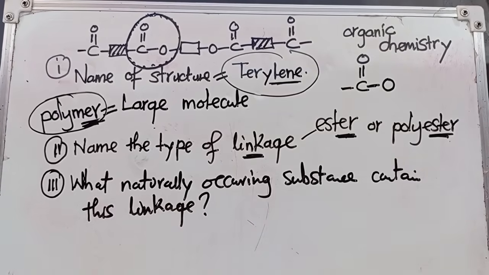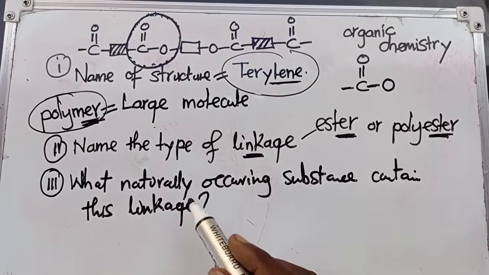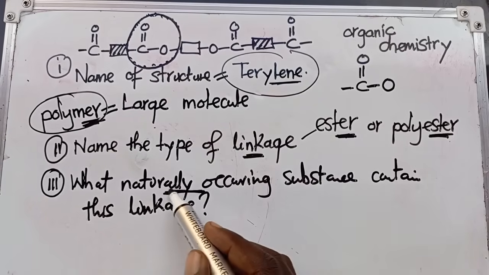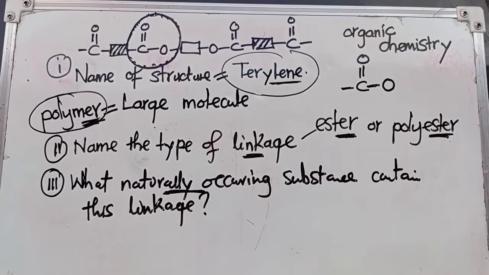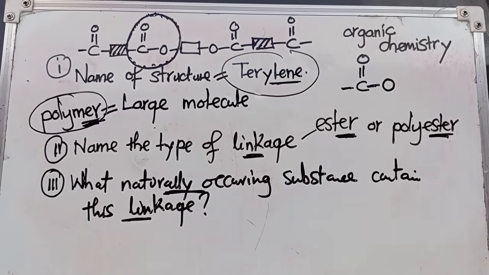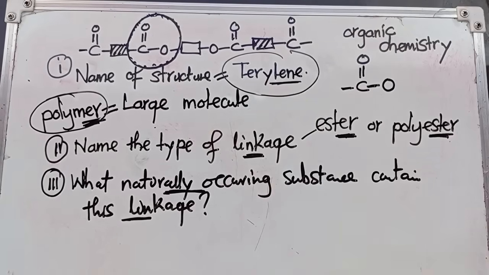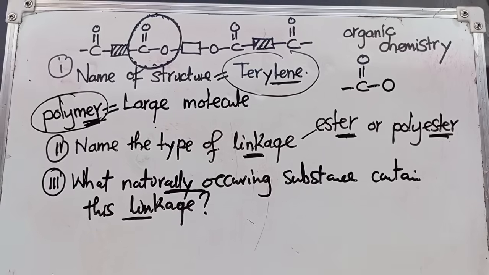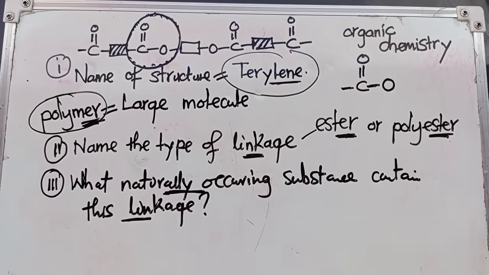So you start analyzing. Okay, now they're talking about a naturally occurring substance that contains this type of linkage. So what are those naturally occurring substances? We get to look at what we call natural macromolecules, those that occur naturally.